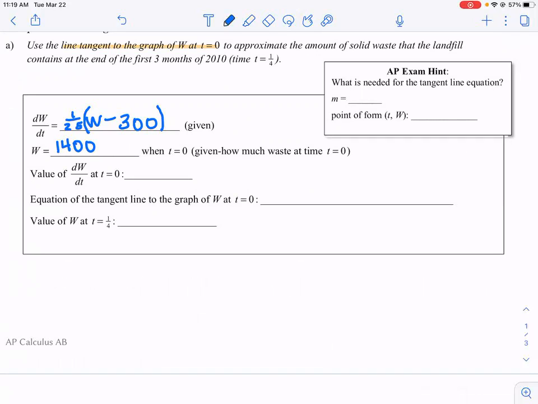Okay. So if time is 0, W is 1,400. That's our coordinate. To get the slope, we need to actually plug our coordinate into the derivative. So if W is 1,400, plug that in. What is the value of the derivative?